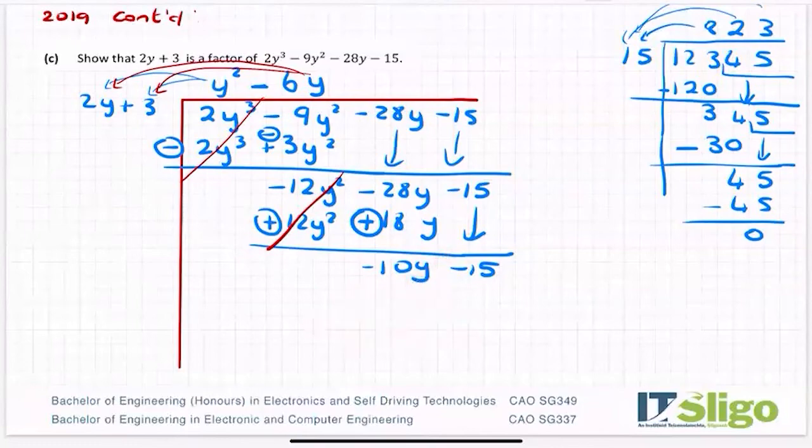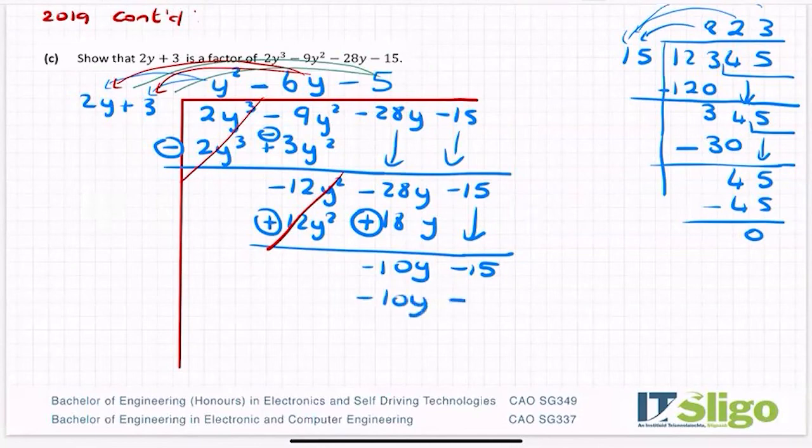Well, I definitely need a minus again. 10 and 2, so I need to multiply 5 by 2 to bring it up to 10. I need a y. I already have a y here, so I don't need to put a y up there. And now just like before, the minus 5 by the 2y and the minus 5 by the 3. So minus 5 by 2y is minus 10y.